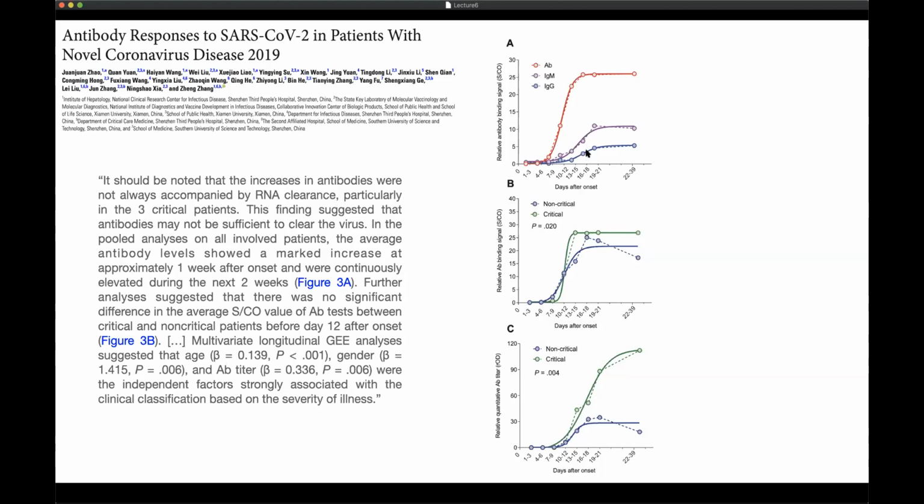So you can look at the profiles here. So this is the quantitative plot, so readout C, which basically tracks the amount of antibody that you have. And there's not a whole lot of difference early on, but then in critical patients after day 12, your antibody levels take off. All right, so to summarize this, there's some evidence.